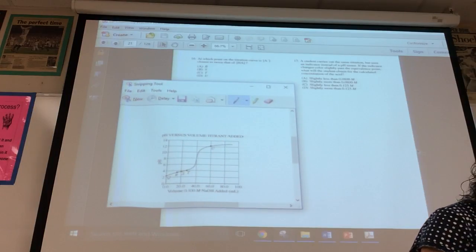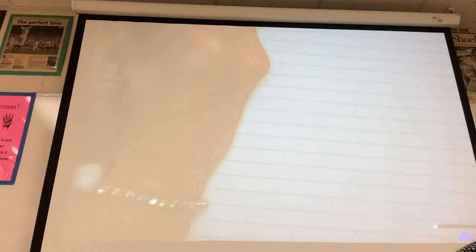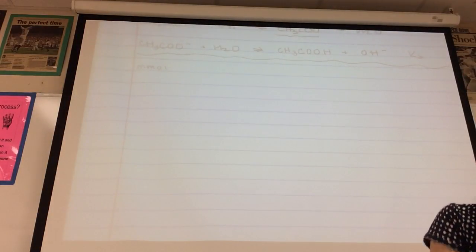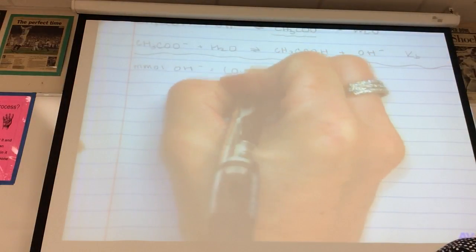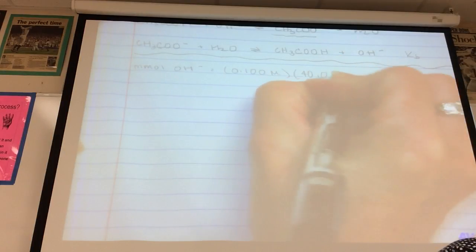This point didn't seem to be clear to a couple kids in my other class, so I want to hammer it. In regard to the base, we said that we had 0.100 molar times 40 mils, correct?